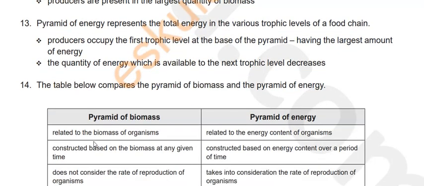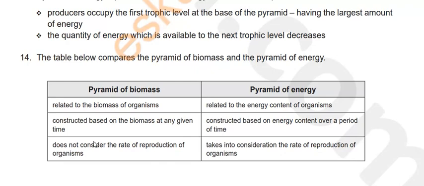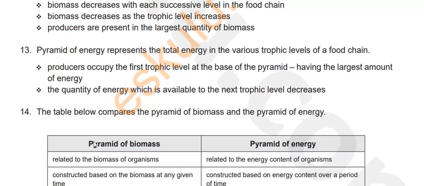Then number 14, the table below compares the pyramid of biomass and the pyramid of energy. The pyramid of energy represents the total energy in the various trophic levels of the food chain. Producers occupy the first trophic level, having the largest amount of energy.